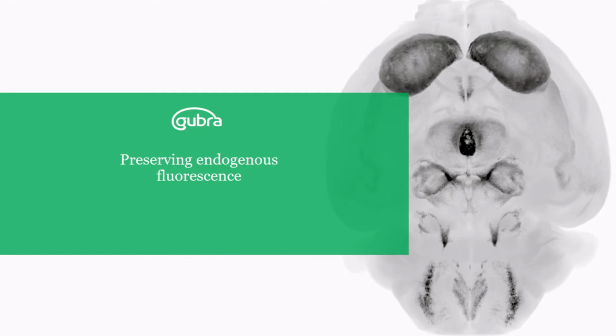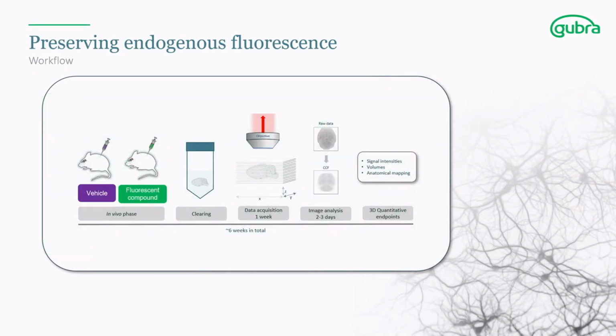So first, I will mention how we do studies where the goal is to preserve endogenous fluorescence. Typically, these studies have an in vivo phase where we inject a fluorescently labeled drug or compound, and we compare its biodistribution versus a vehicle.